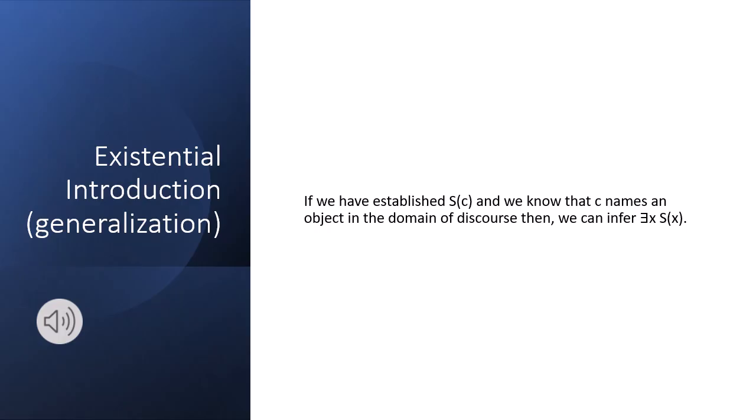So this is how we would introduce an existential quantifier into a formal proof. But the idea is that if we can show that it's true for something in the domain of discourse, then we're free to establish the existentially quantified statement.